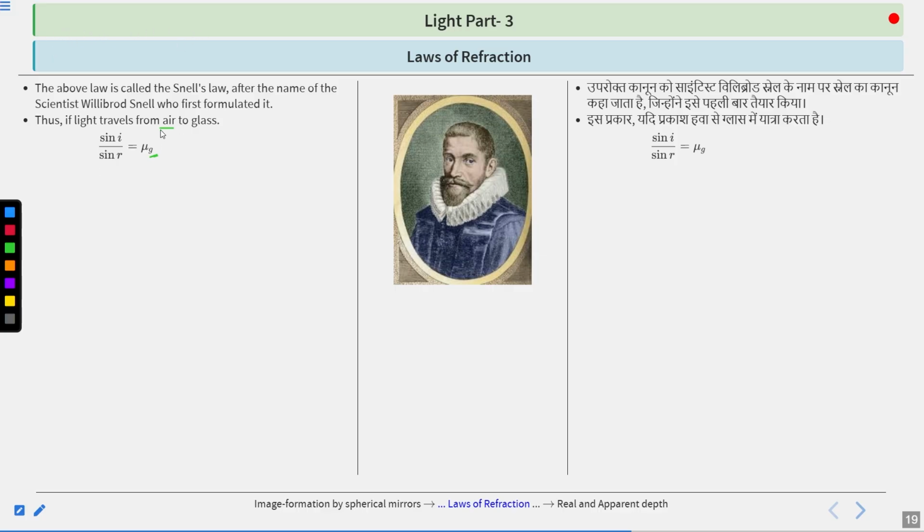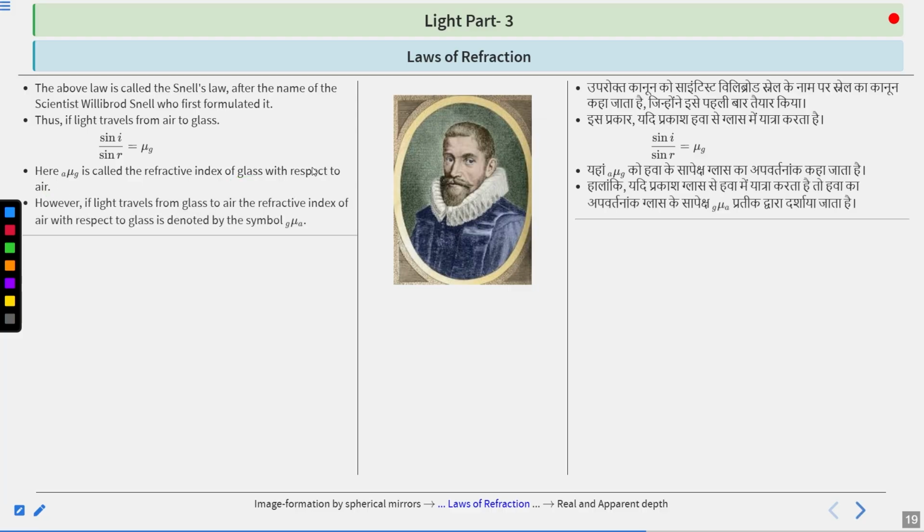So air is the first medium, glass is the second medium. So we calculate the speed in air by the speed in glass. That's why we use mu g. Here, mu g is called the refractive index of glass with respect to air, because glass is the second medium and air is the first medium, and we always use the second with respect to the first. That is what I have told you.